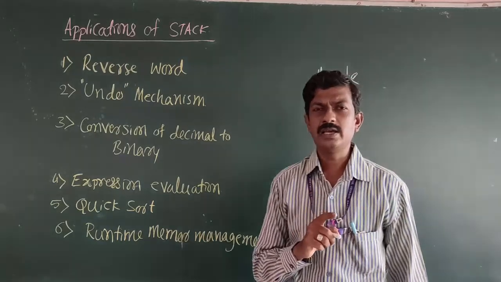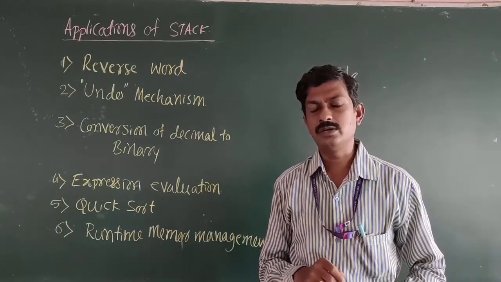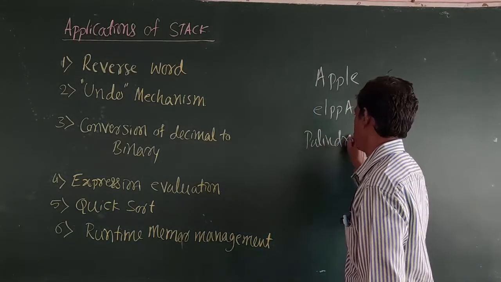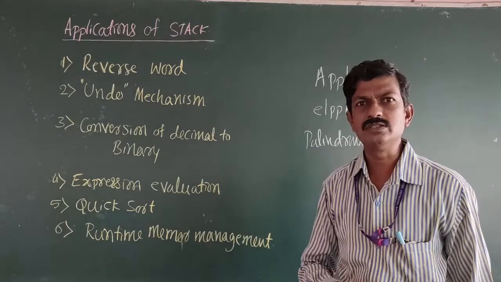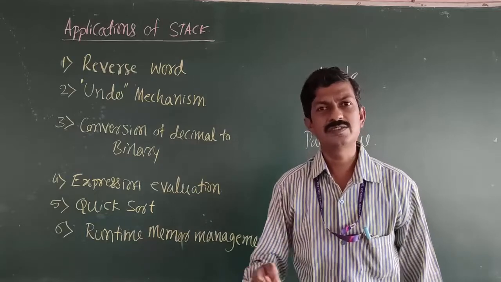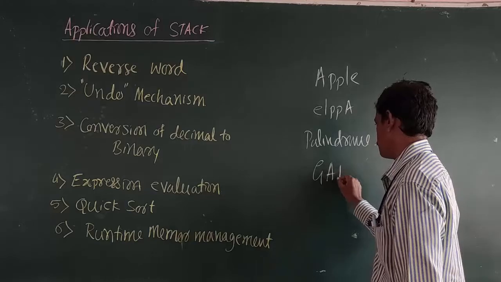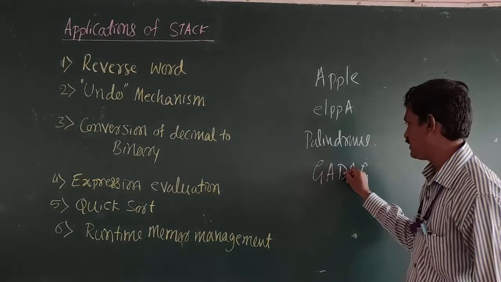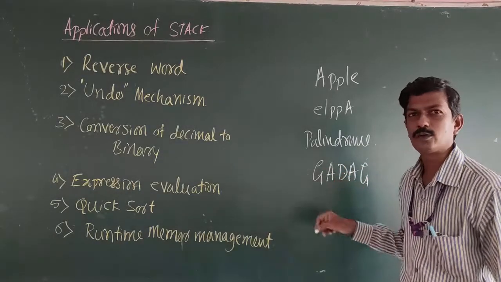You might remember palindrome from a previous year. A palindrome is a word that can be read from both ends with the same meaning. For example, G-A-D-A-G is an example of a palindrome.